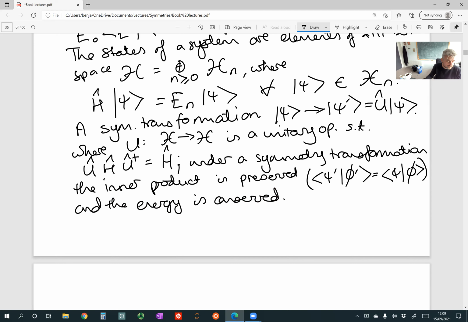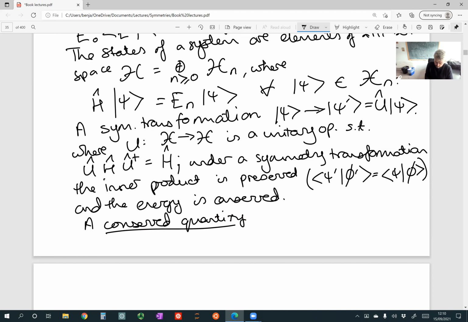So this leads us to the notion of a conserved quantity in quantum mechanics. So this is an observable. Observables are Hermitian operators. So we're going to call the observable I hat. So the hat denotes the fact that it's an operator that acts on the states.